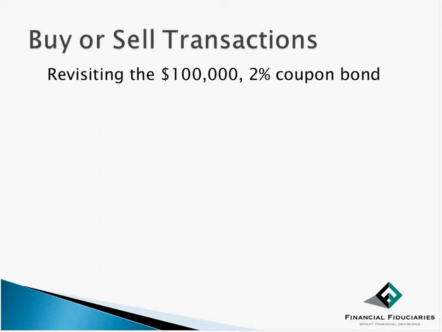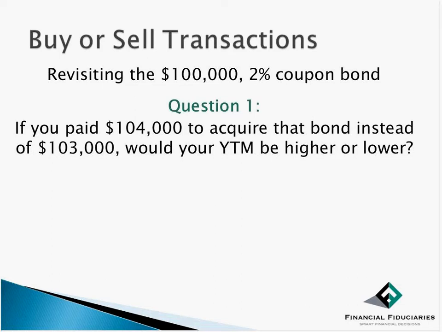So now let's look at this $100,000 2% coupon bond one more time. And we looked before at the fact that if you paid $103,000 to acquire this bond, that the yield to maturity would be lower than 2%, which was true.